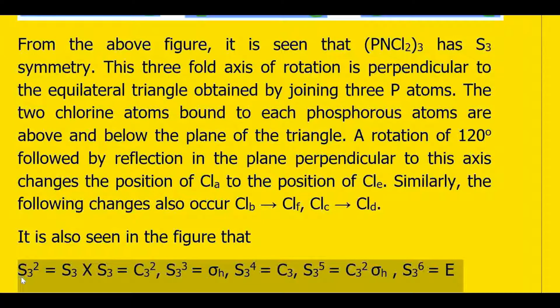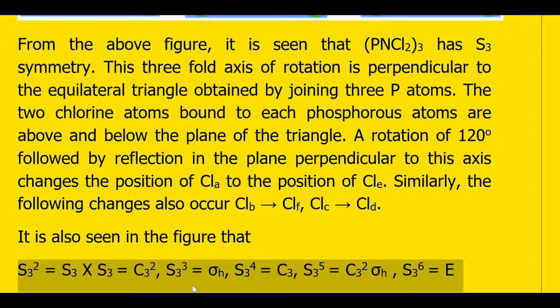I will extend this argument. S3 square is equal to S3 into S3, but S3 is equal to C3 into sigma h. So S3 square is equal to C3 into sigma h multiplied by again C3 into sigma h. So that is equal to C3 square multiplied by sigma h square.